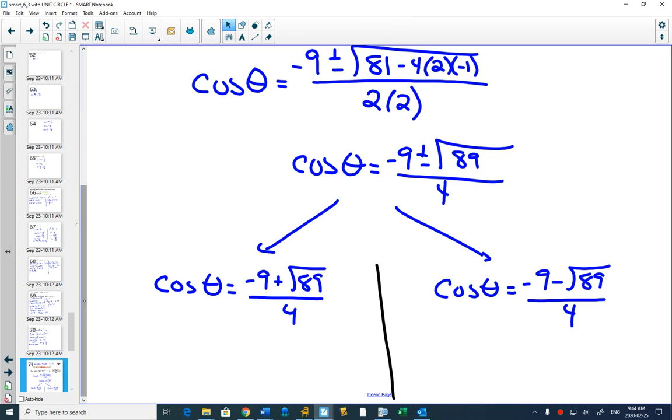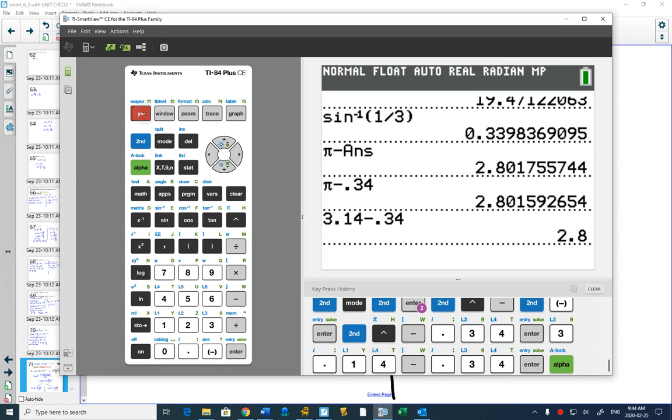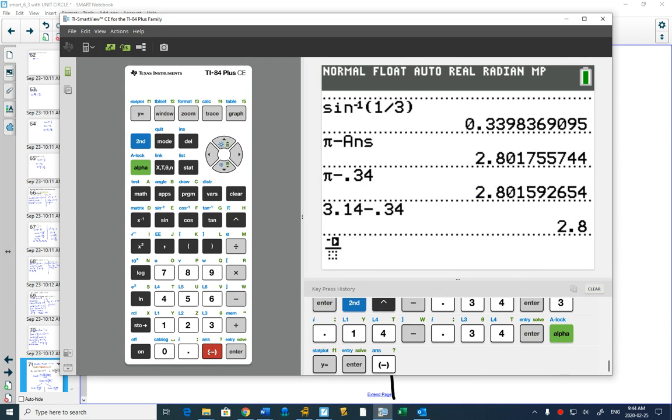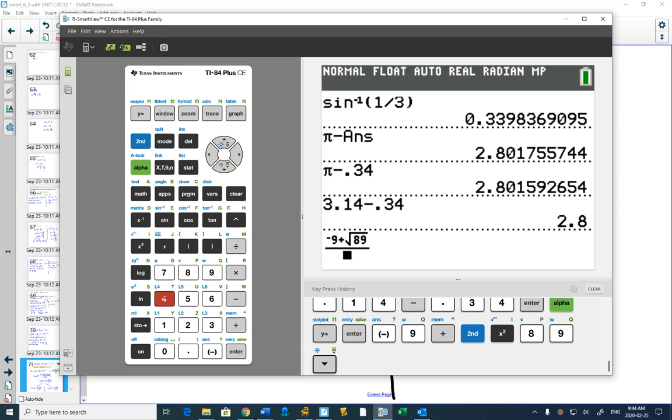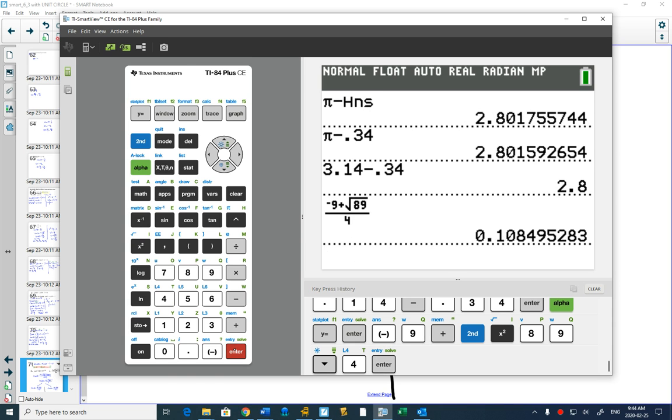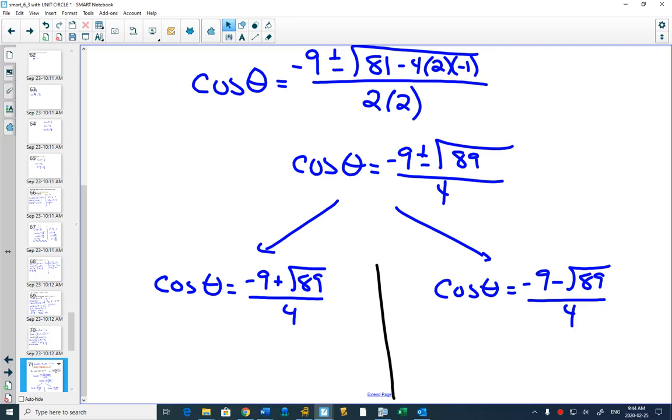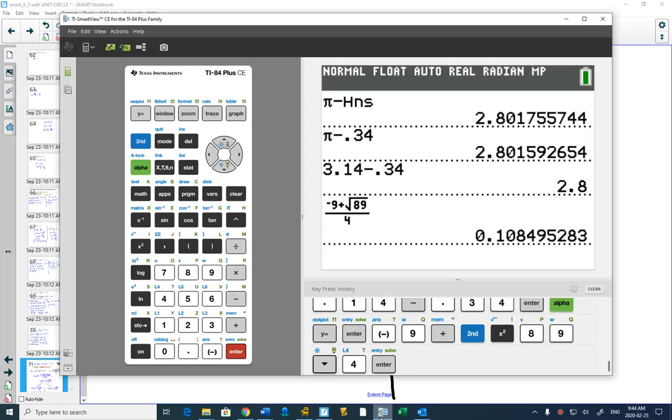Now, the way the number looks right now, it's not easy to work with, so we're going to just change that to a decimal. Go to my fraction button, negative 9 plus the square root of 89 divided by 4, 0.108. And if I do the one with the minus, do you know the trick on your graphing calculator to retype something you had from before?